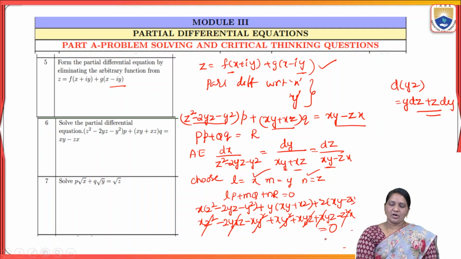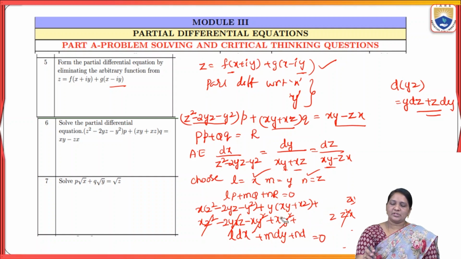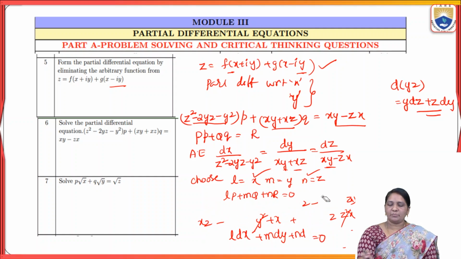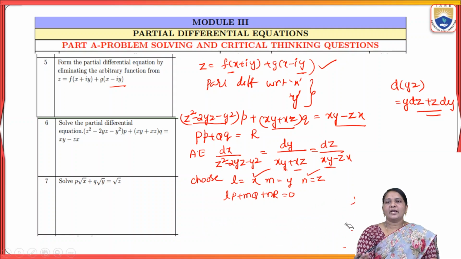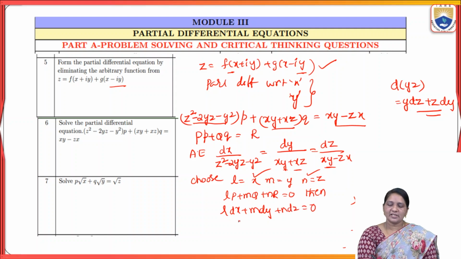If this is 0, what do we have to take? Here L into dx plus M into dy plus N into dz equal to 0. We already know this condition in the method of multipliers. What is the L value? x.